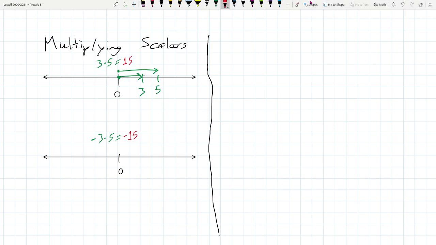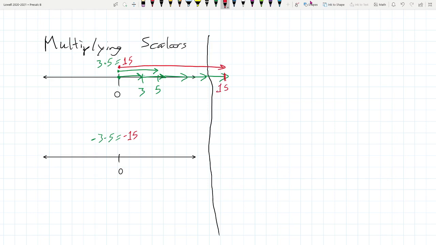It simply means take this vector, say the 3, and apply it 5 times. So there's 1, 2, 3, 4, and then 5. I didn't have enough room. And the end result goes from 0 to wherever that ends up, which for this example would be 15.